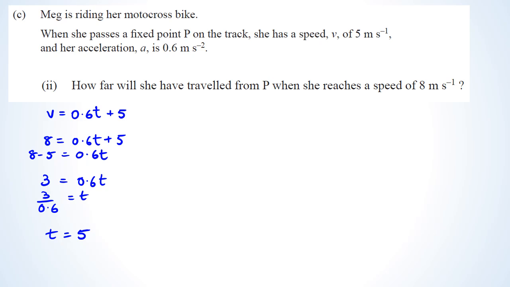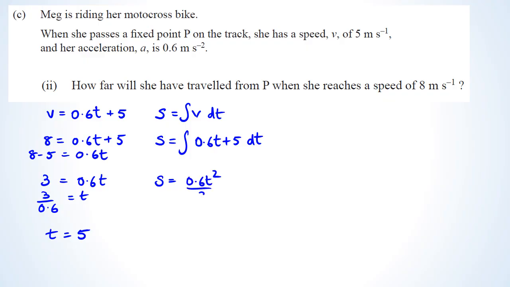But we need to actually figure out what her distance is. Now, we know the distance is the integral of velocity with respect to time. So s is equal to the integral of 0.6t plus 5 dt. So displacement or distance in this case is 0.6t squared over 2 plus 5t plus c.